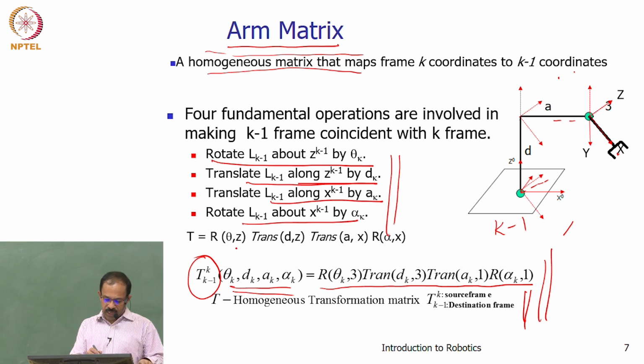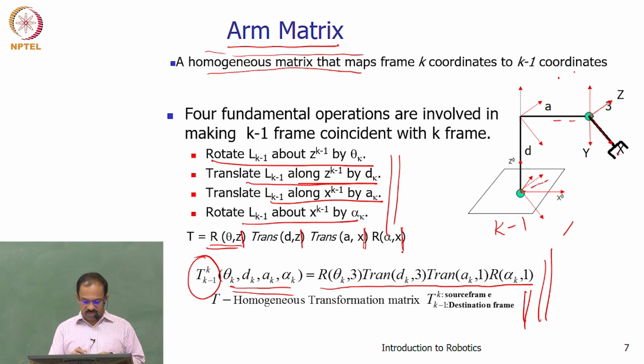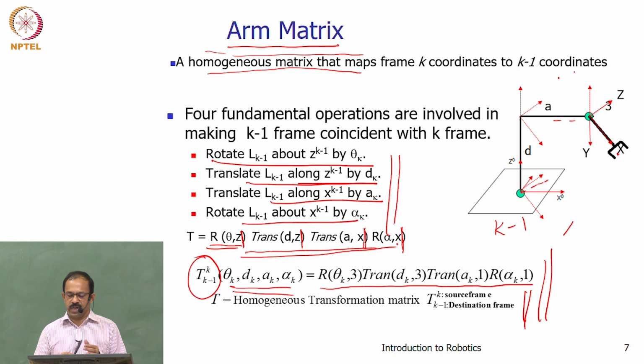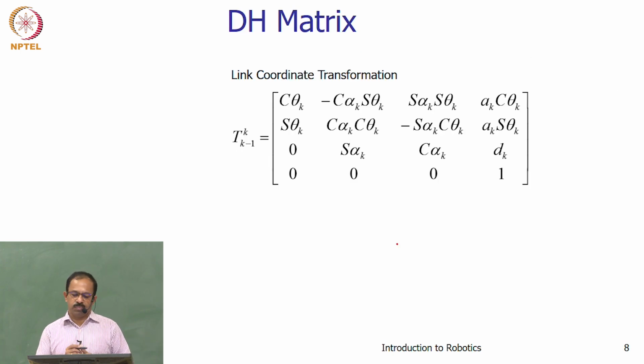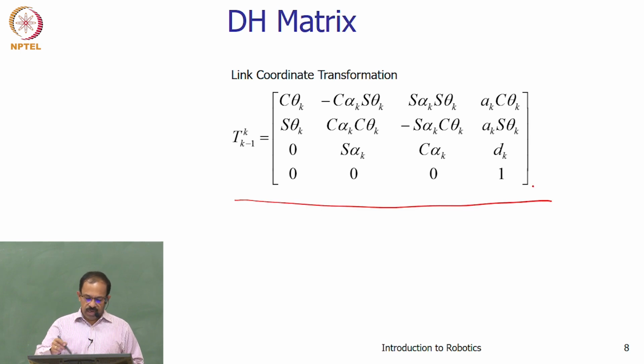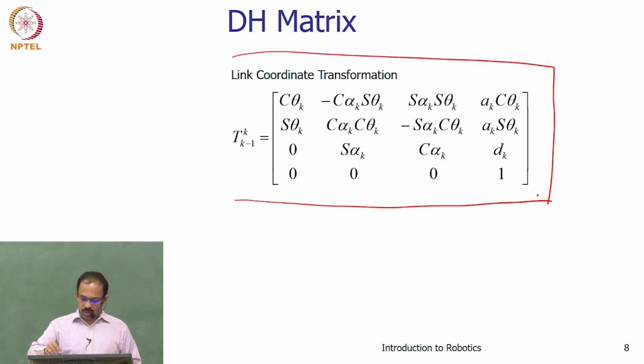First you get these matrices. You know how to get the fundamental homogeneous rotation matrix with respect to the z axis, then the translation matrix, then the rotation matrix with respect to the x axis, and the translation along the x axis. We know the fundamental rotation and translation matrices. Multiply these matrices and you get the final transformation matrix, the k to k-1 transformation.